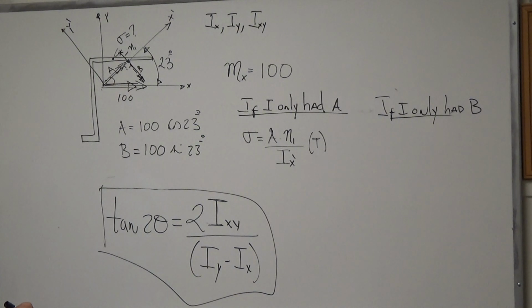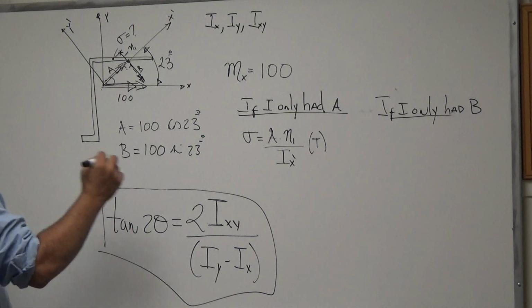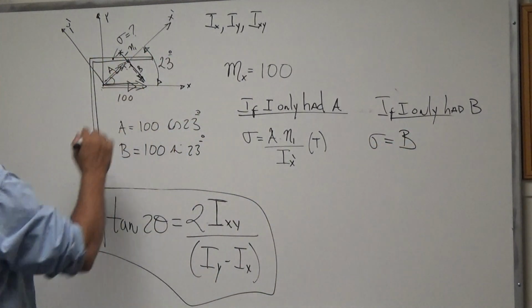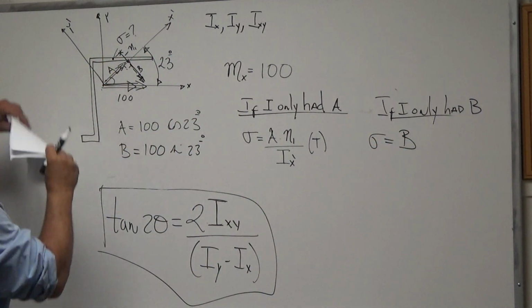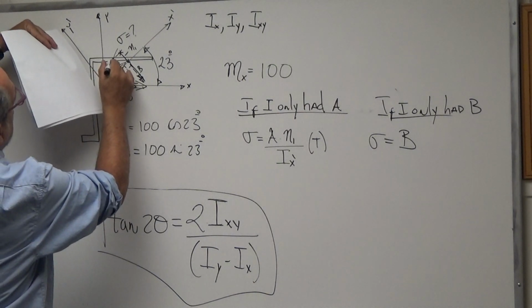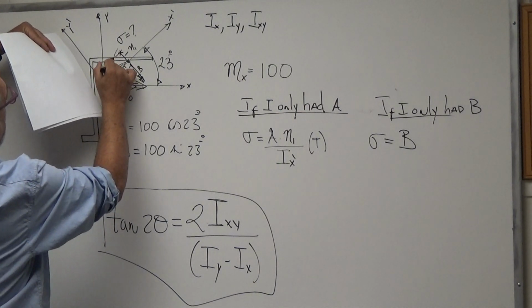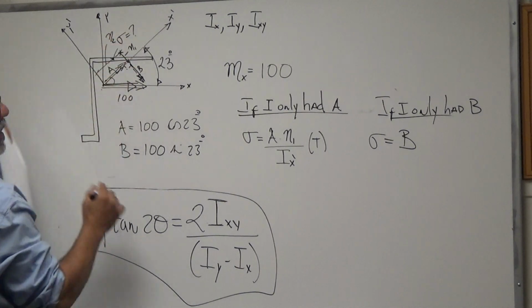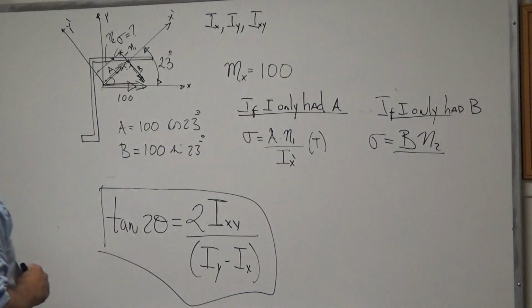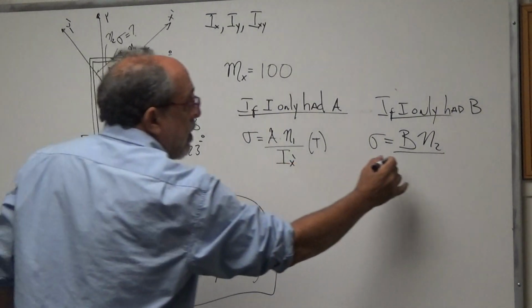And what would that be? Well, it would be sigma equals B, which is that moment. And what is the distance? Well, it's bending about this axis right now, so the distance would be this one. We can call that N2. And so it's B times N2, and then the moment of inertia about Y prime.